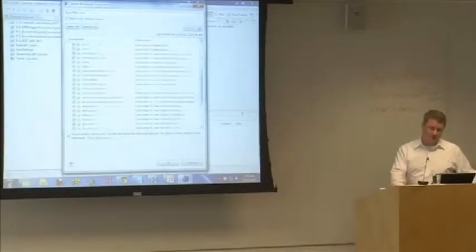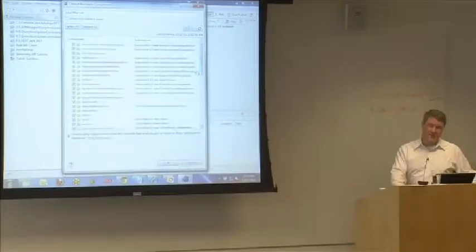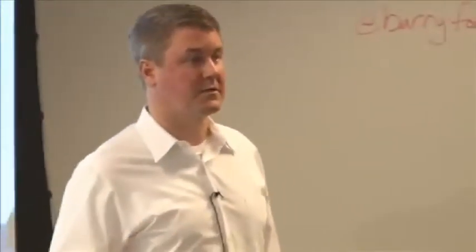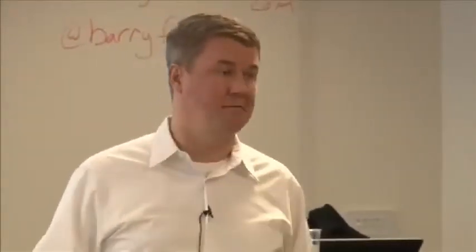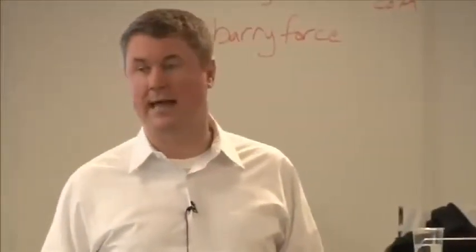But here are all the different types of metadata that are supported by that metadata API. So not only is it things like Visualforce pages and Apex classes and triggers, it's also things like your object definitions, your applications, your tabs, your page layouts.